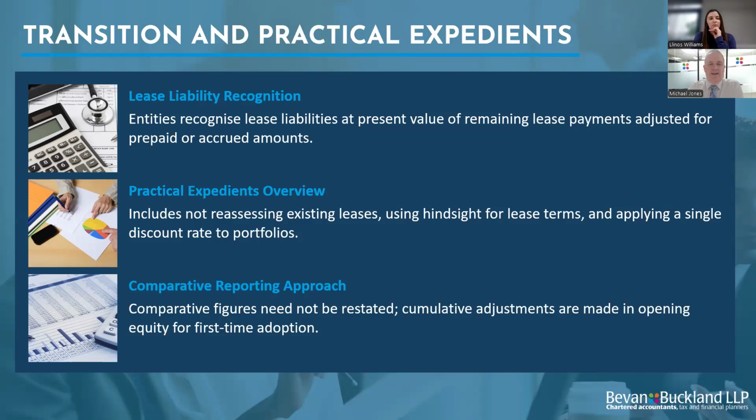And when it comes in for the first year, you don't need to go and restate your comparatives. If it has been a lease for the last 5 years, gone through your income statement, you look at what the next 5 years are going to be. What's the difference? Any adjustment between the asset and liability will just be an adjustment to opening reserves on first time adoption. So it's not like you have to go back and apply them as if they've always been there.